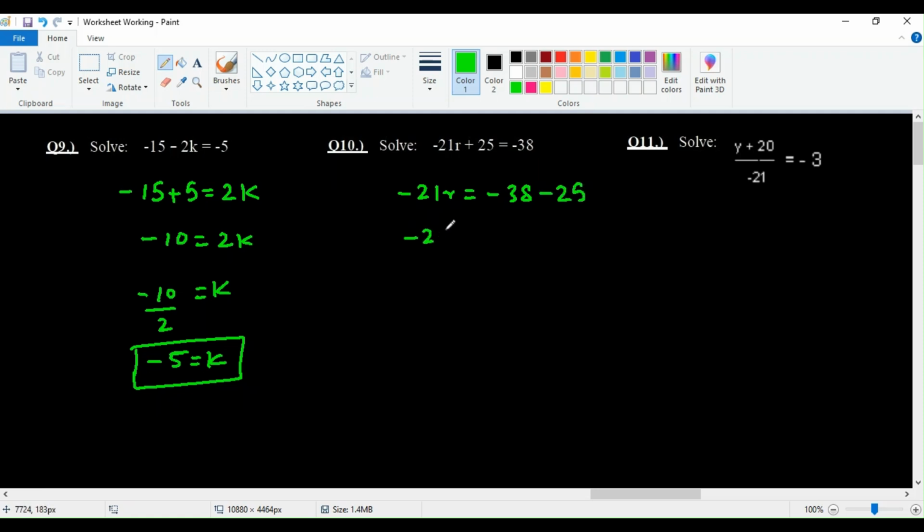That means minus 21r will be equal to minus 38, and plus 25 is going to give us 63, minus 63, and when 63 is divided by 21, it's going to give us a 3. So minus minus is going to be cancelled, and r will stay here, and 63 divided by 21 is going to give us r equals 3. This is the final answer for this question.